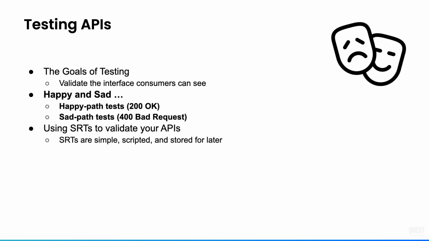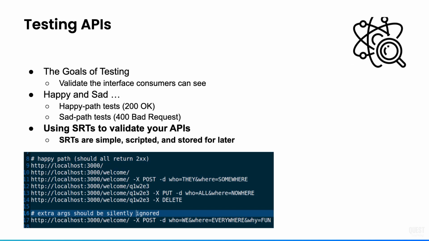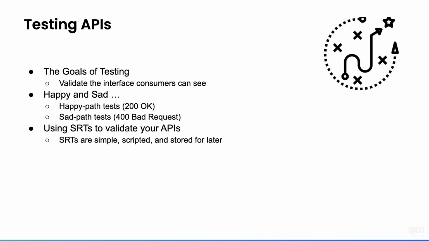Sad path tests focus on the 400 bad request conditions. We need to have tests for both to make sure that everything's working properly. And we introduced the notion of simple request testing, SRTs, to validate the APIs. They're simple, they're scripted, and they can be stored for later in your project, in your pipeline, and used over and over again. They're a great way to see what consumers see when you're doing your tests.